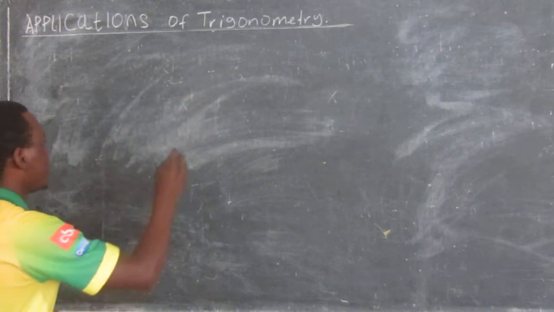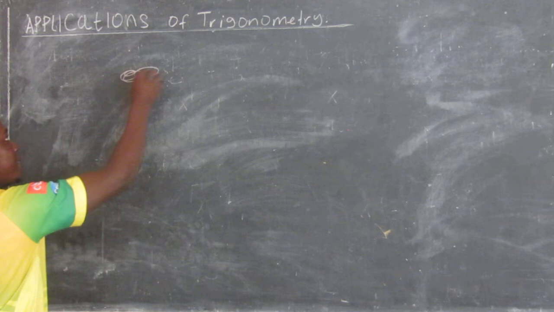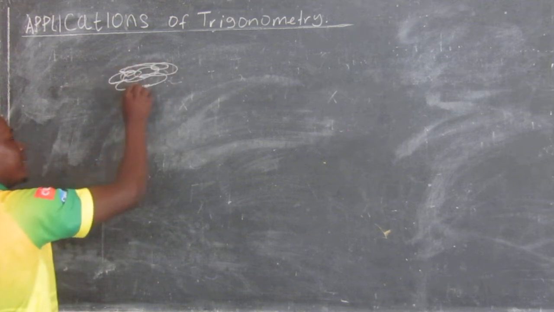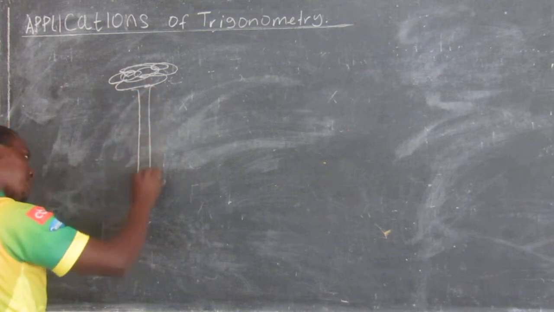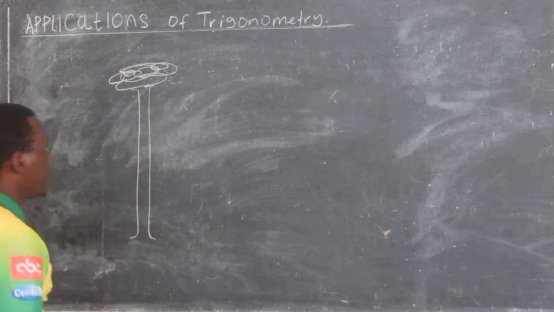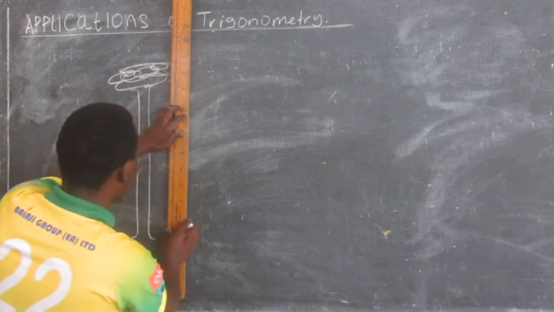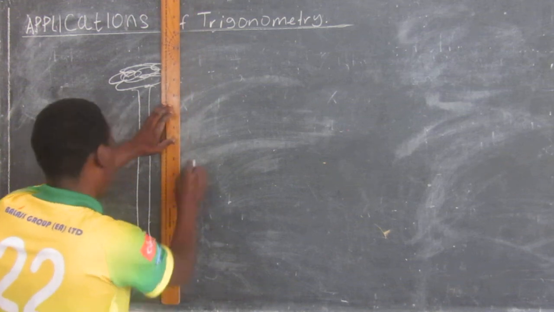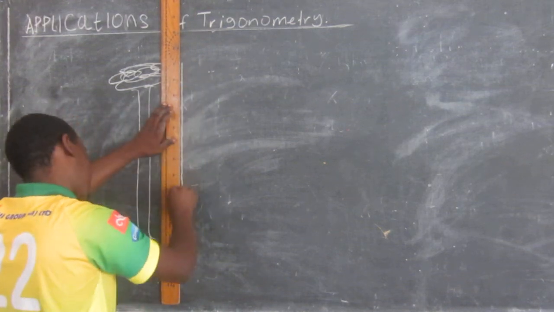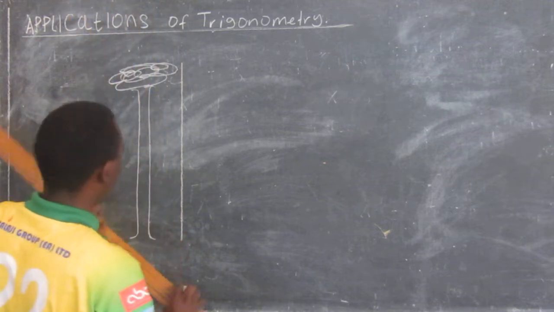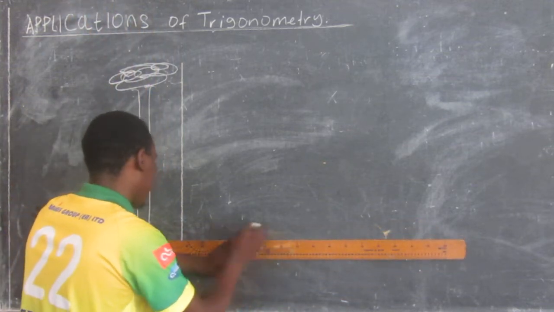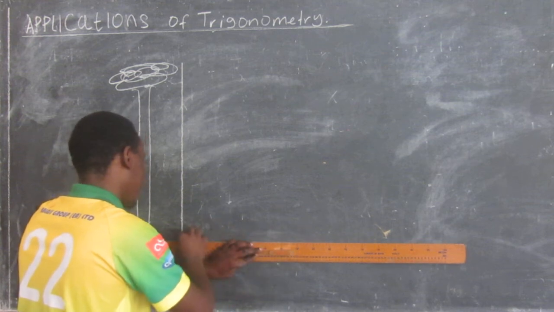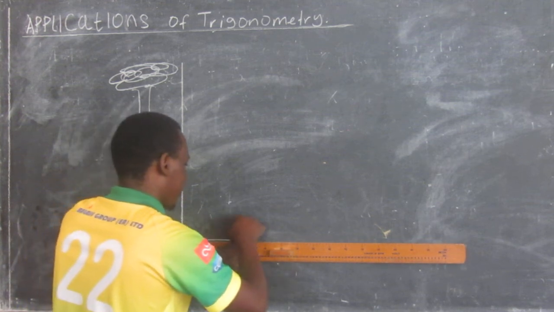If this is the tree, we are interested in getting this height here, the height of our tree. John decided to move 100 feet out from the tree.